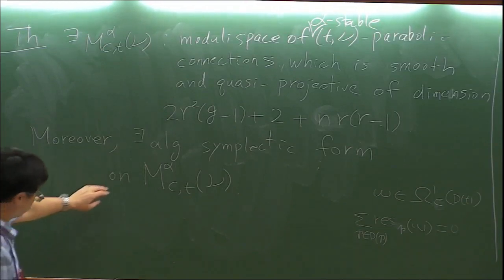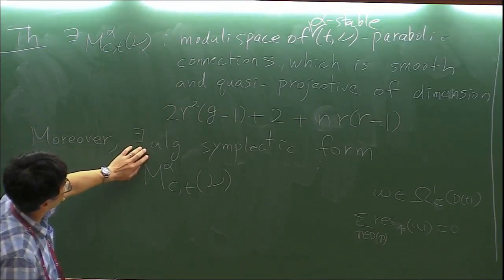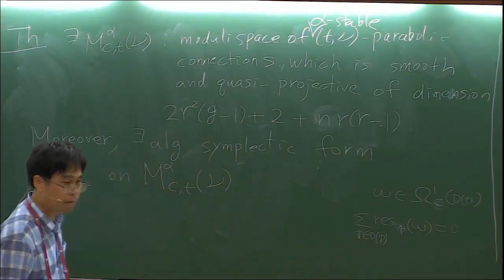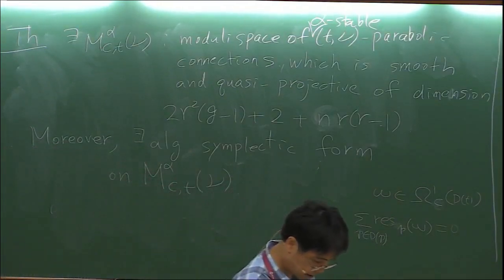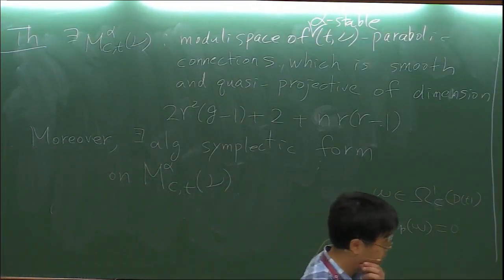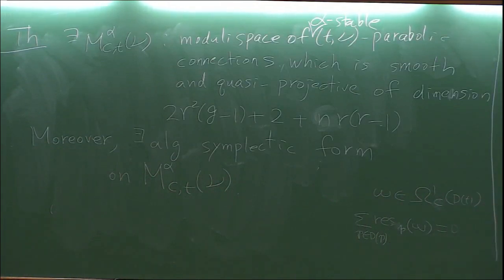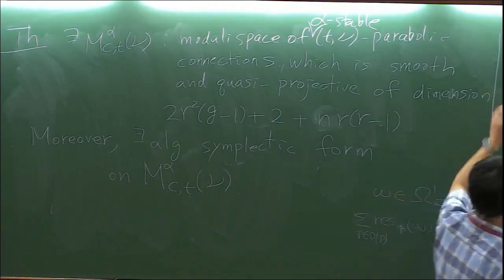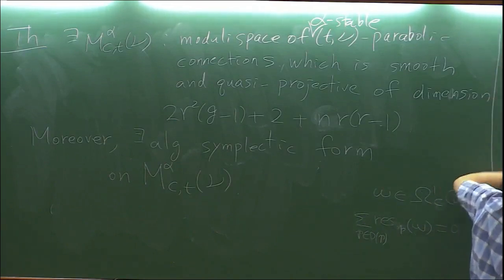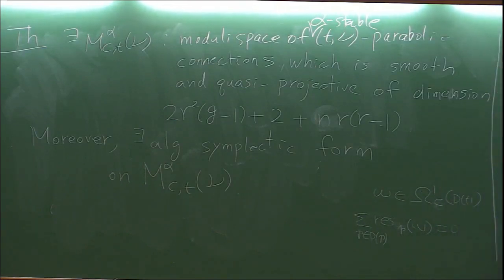And we can describe this symplectic form by a certain pairing on the hypercohomology, something like a trace pairing. And next, I explain about isomonodromic deformation.